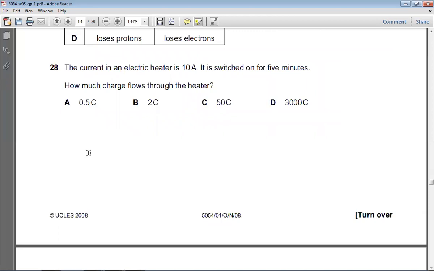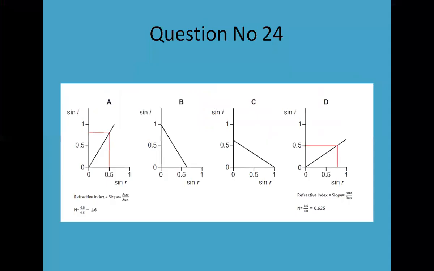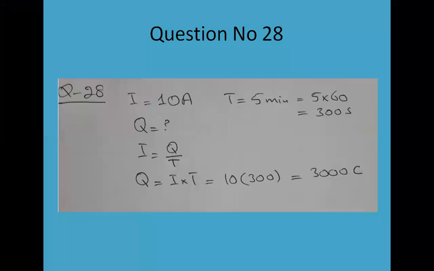So the formula is I equals Q divided by T, where I is the current, Q is the charge, and T is the time.